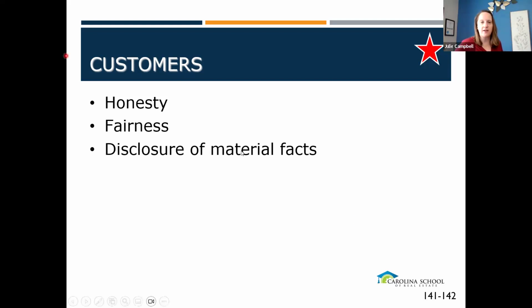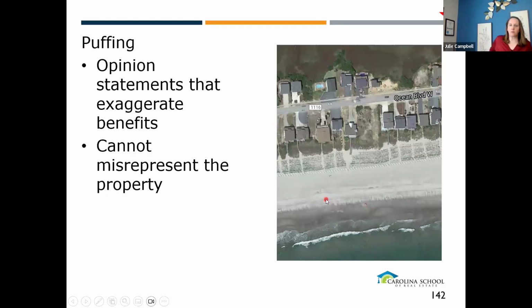Now, when it comes to advertising, there's something out there called puffing. Puffing is an exaggerated opinion. It's not a lie. It's close. It's awfully close, but it's an exaggerated opinion. Puffing is okay as long as it's not misrepresenting the property. We like to use puffing.